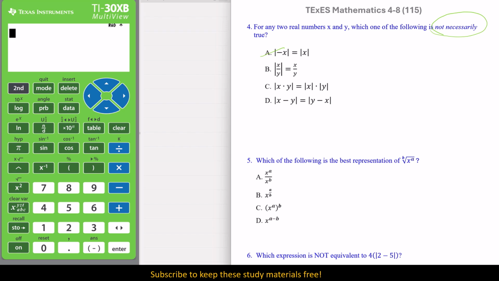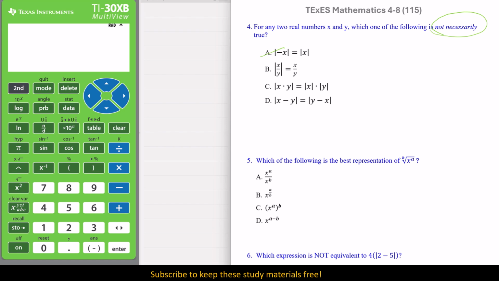Okay. Well, let's look at B. Well, let's say that x is negative. Well, that would equal x over y. However, what if we went in the other direction and we had negative x over y, and then we went backwards? Can we say the reverse?